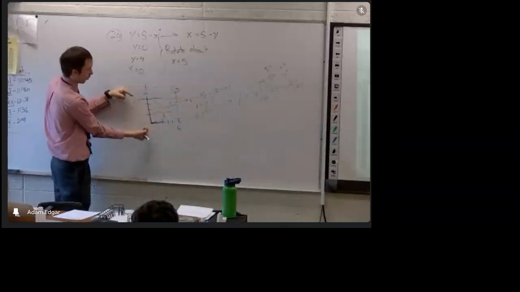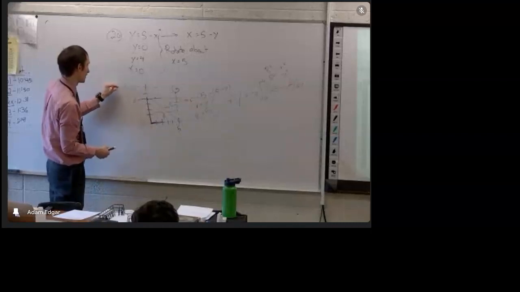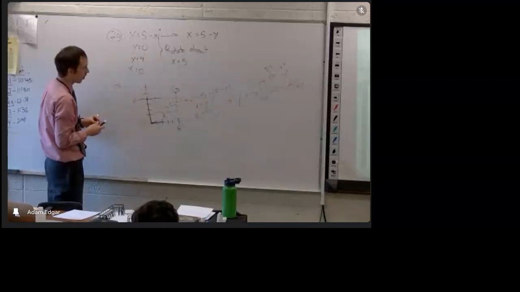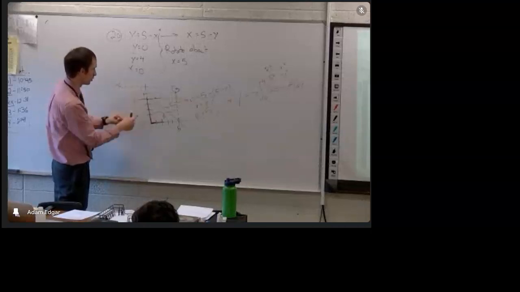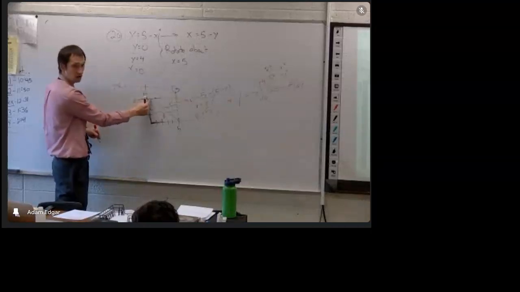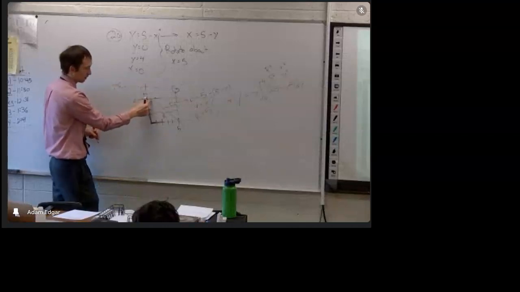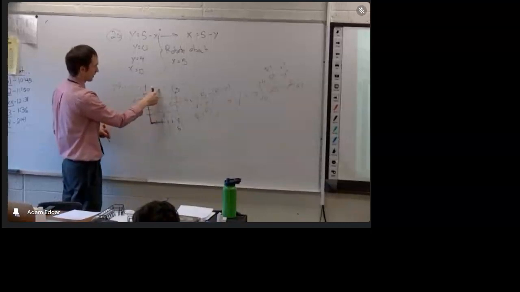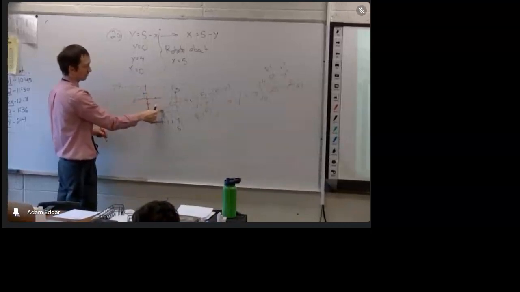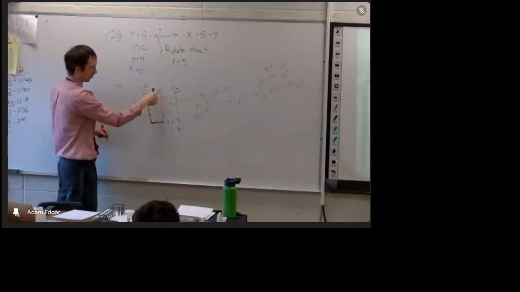So if we rotated around y equals 6, little r would be tougher. Little r would be 2 for this first little section from 0 to 1. And then it would be 6 minus 5 minus x for the second section.